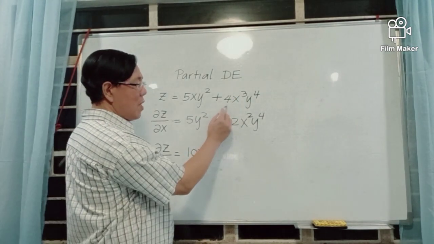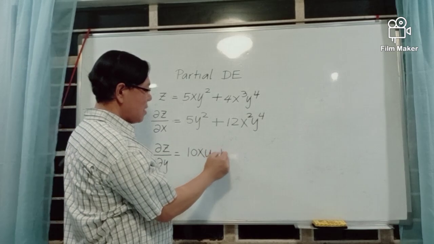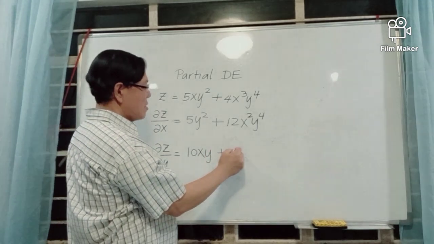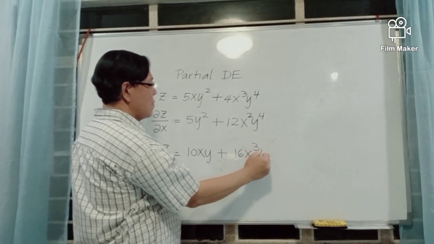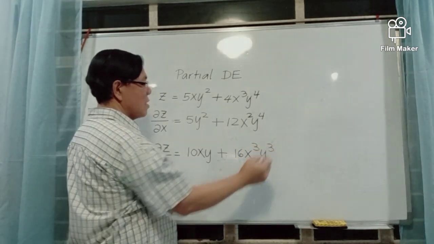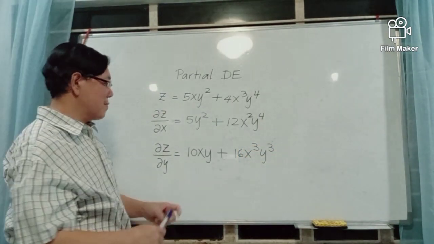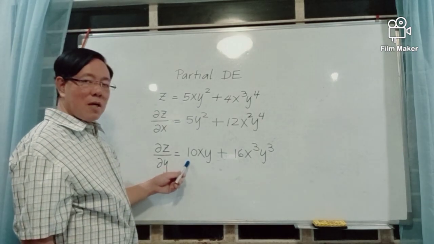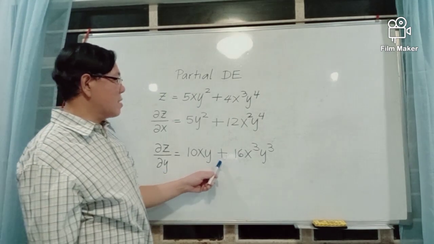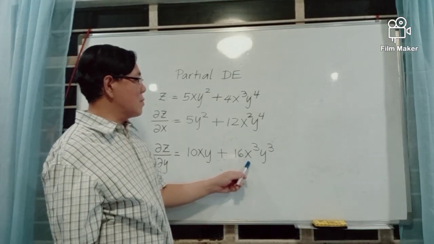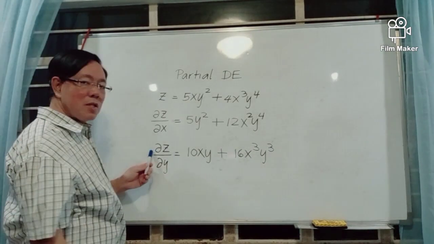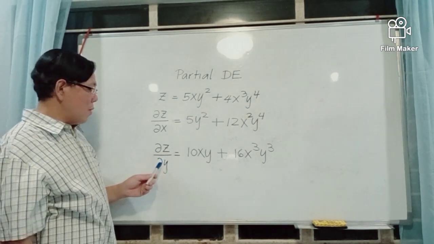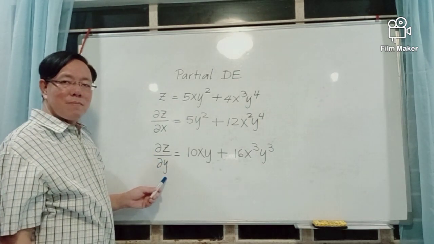The derivative of the second term is 16x cubed y to the power 3, or y cubed. 10xy plus 16x cubed y cubed is the partial derivative of c with respect to y.